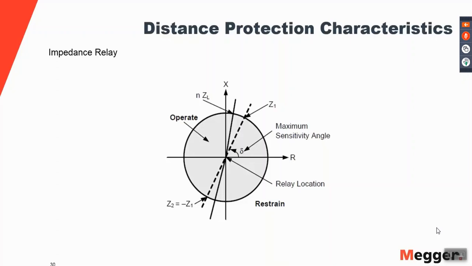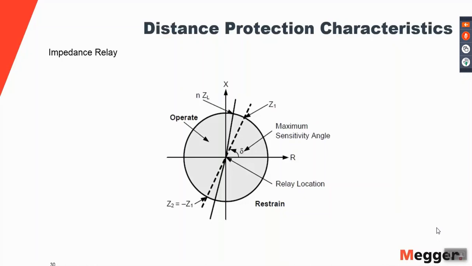The problem with this type of characteristic is that it is not inherently directional. So you have to supervise it. You have to make it directional somehow. Also, it has a uniform reach in all of the plane, which means that you may not want to use it.